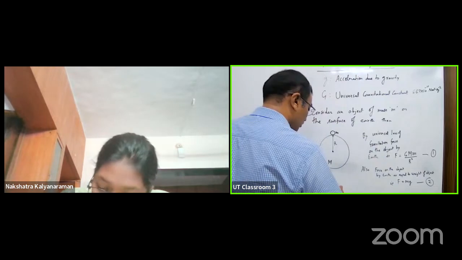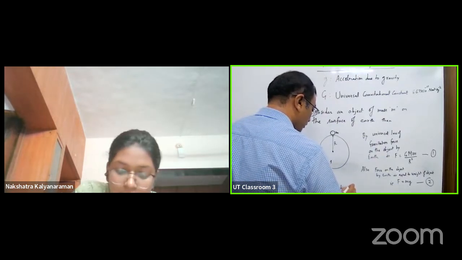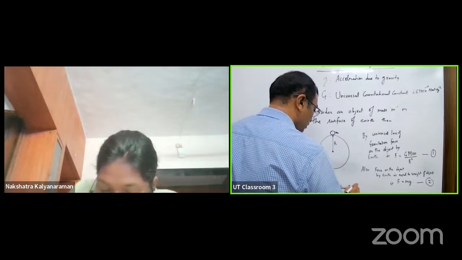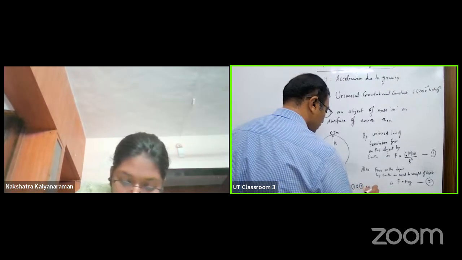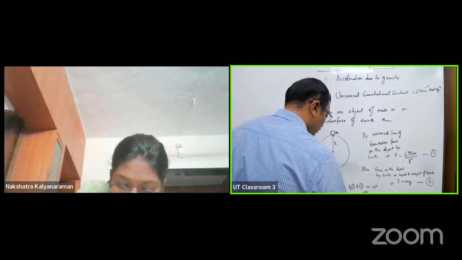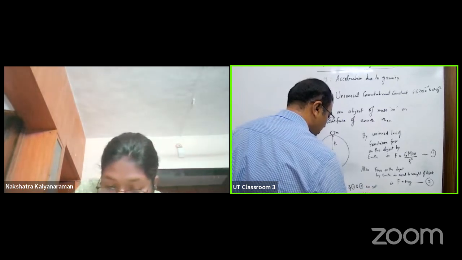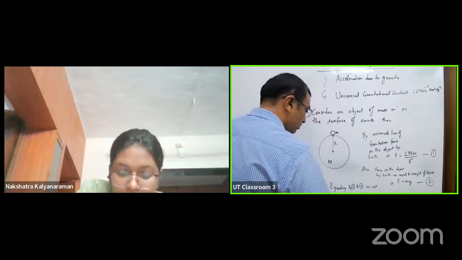Therefore, equating the above forces, equation 1 and 2, we get mg is equal to G M m divided by r square. So m and m will be cancelled.